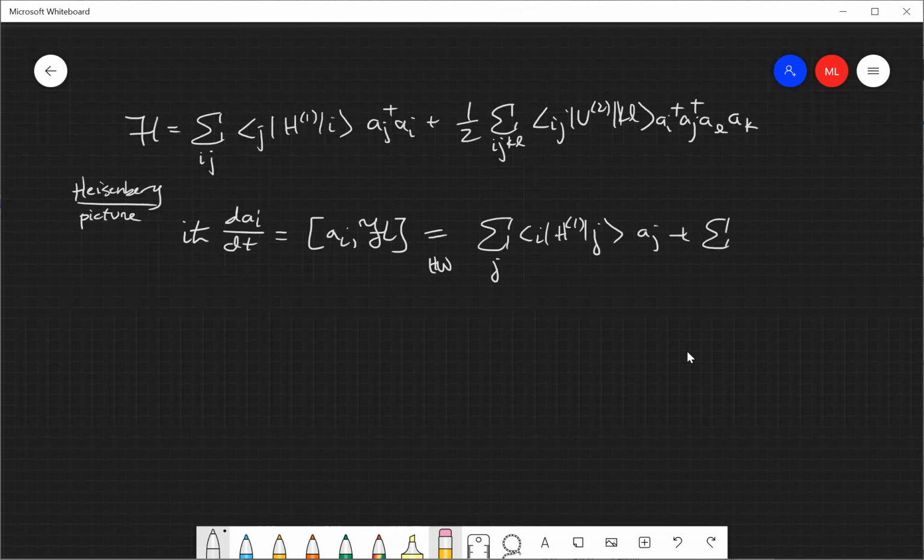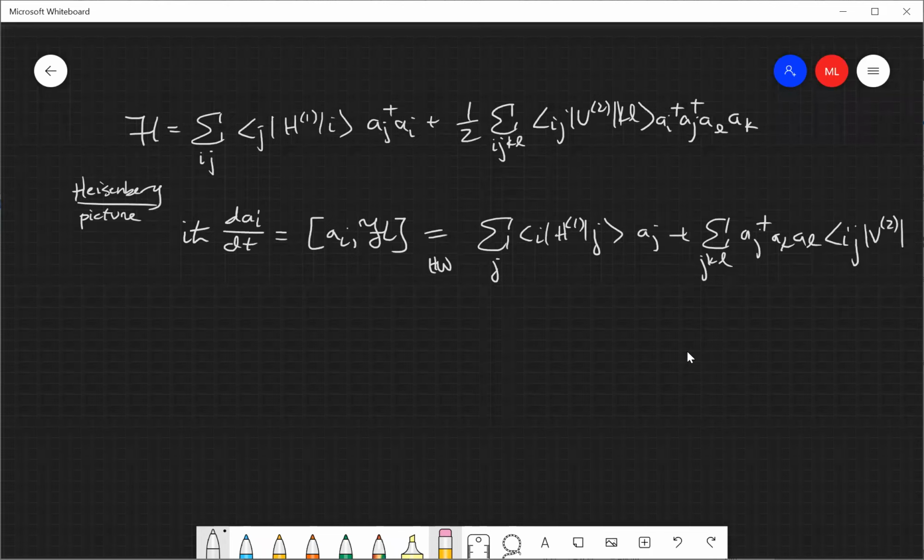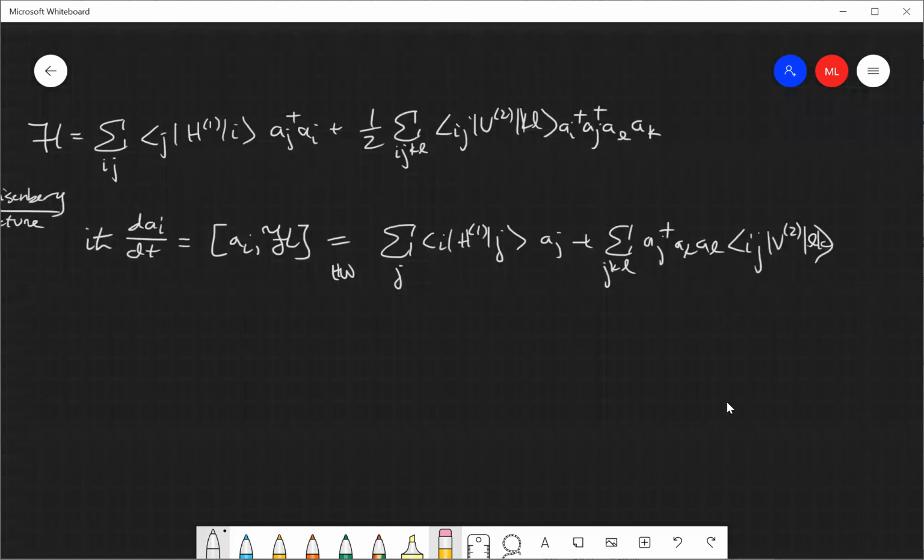The commutator will kill one of the sums in both of the cases. And I flipped K and L here.